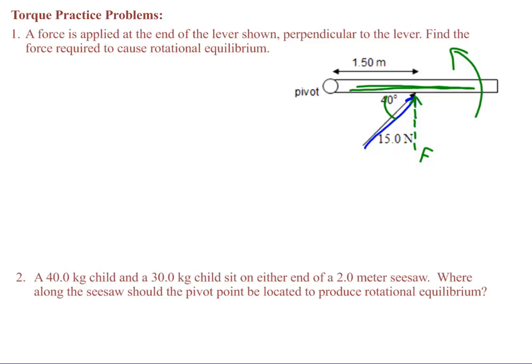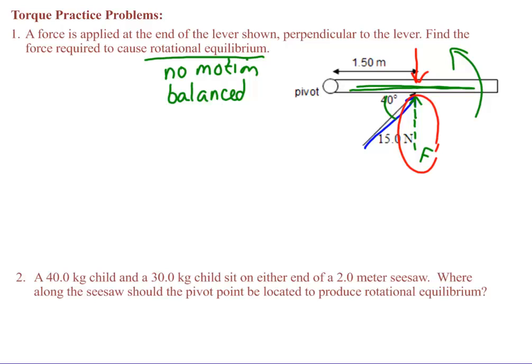What we need to do if we want to balance it, because we want rotational equilibrium, that means no motion, or we have a balanced situation. So we need to find the torque that's being created, and then we need to apply a torque in the opposite direction to prevent that rotation. If the force we apply is at this position, it needs to balance that force.